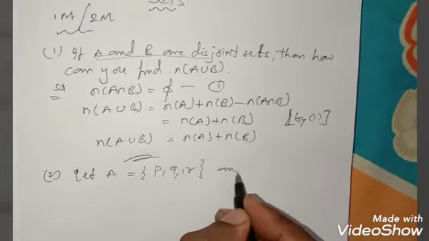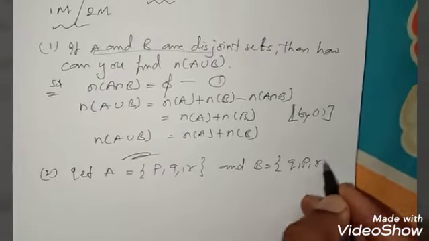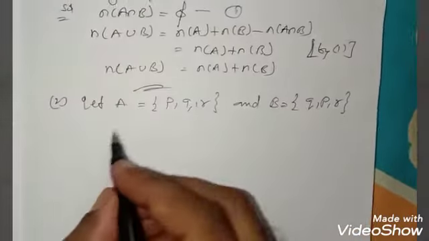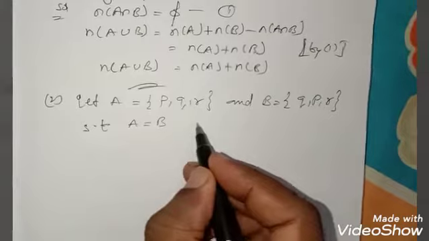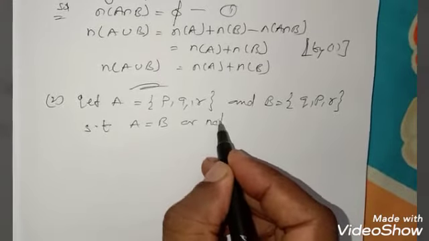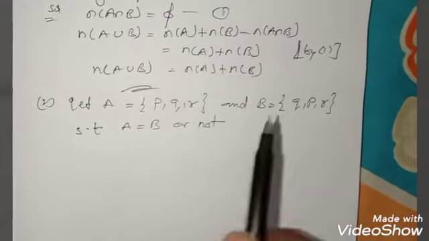Now the second one: let A is equal to {P, Q, R} and B is equal to {Q, P, R}. We have to show whether A is equal to B or not. As per the definition of equal sets, the elements of both sets should be equal.